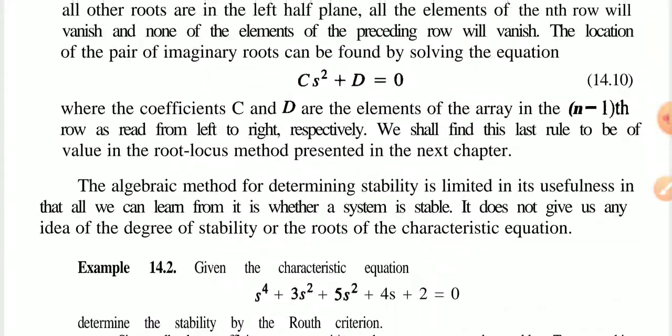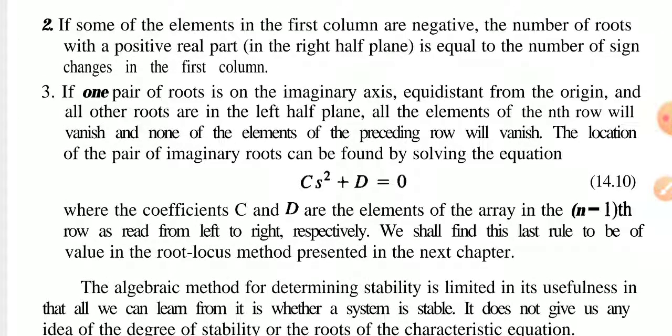Again, repeating the third point: if one pair of roots on the imaginary axis exists, equidistant from the origin, and all other roots are in the left half plane, all the elements of the nth row will vanish and none of the elements of the preceding row will vanish.